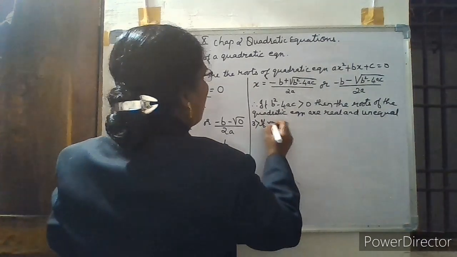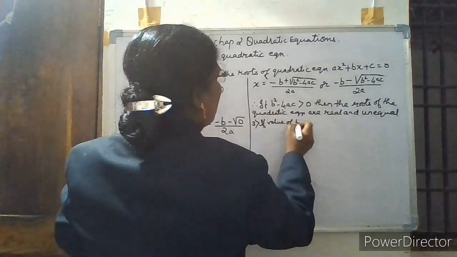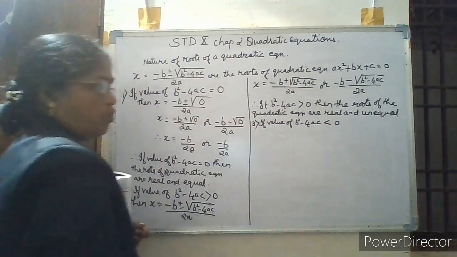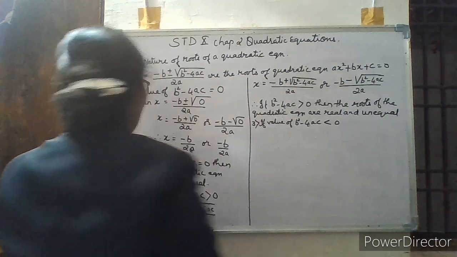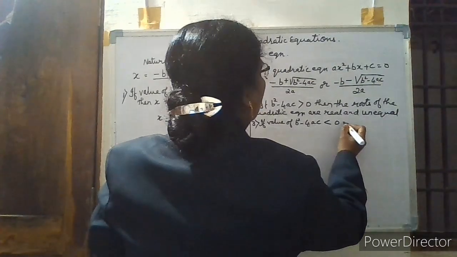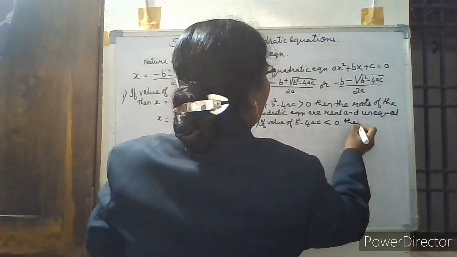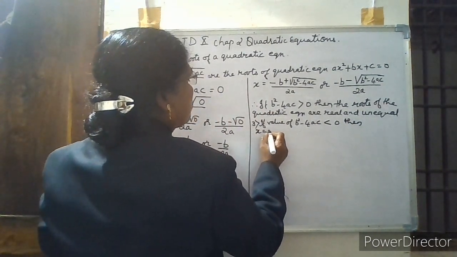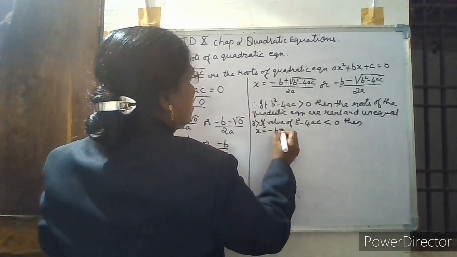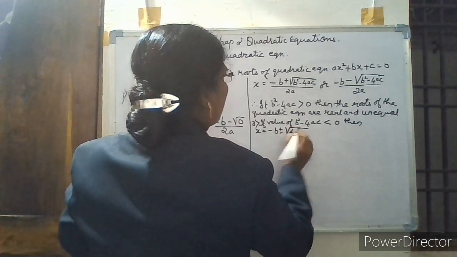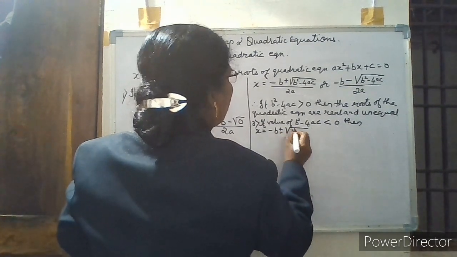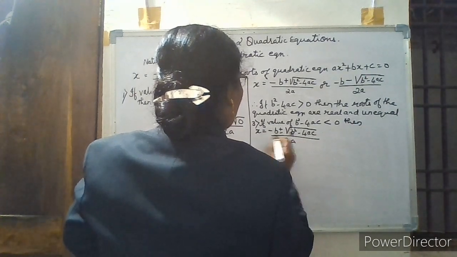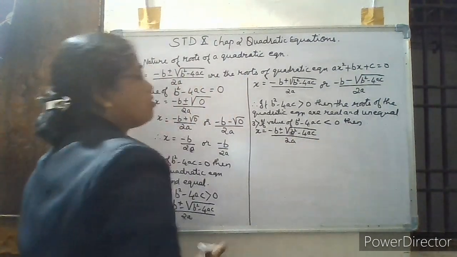If the value of b squared minus 4ac is less than 0, then the value of x will be minus b plus or minus root of b squared minus 4ac upon 2a. Here what happens? This is less than 0.